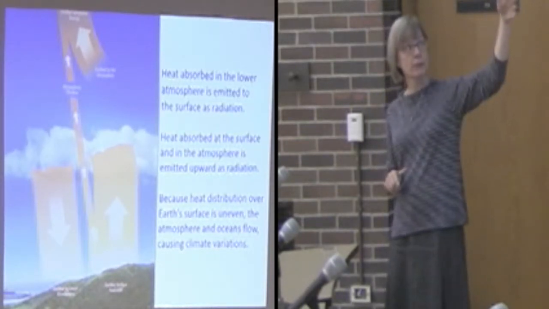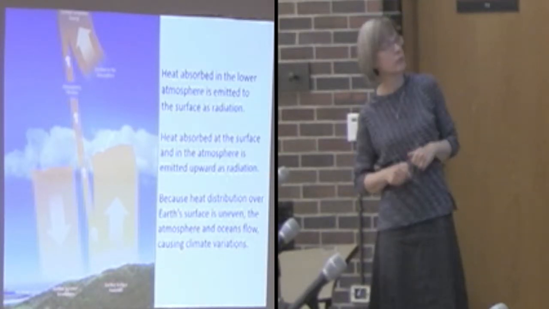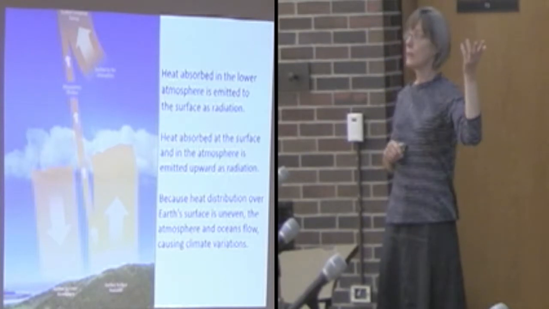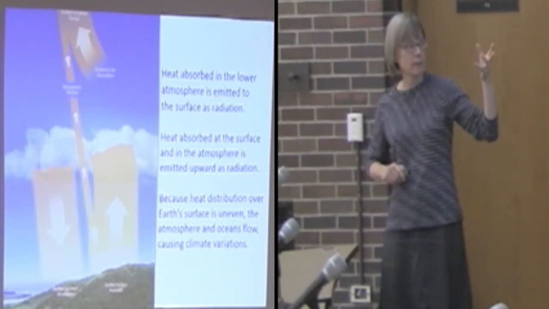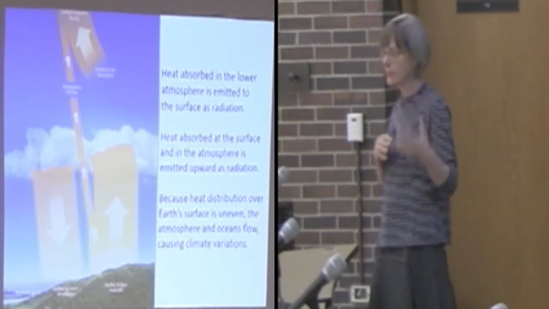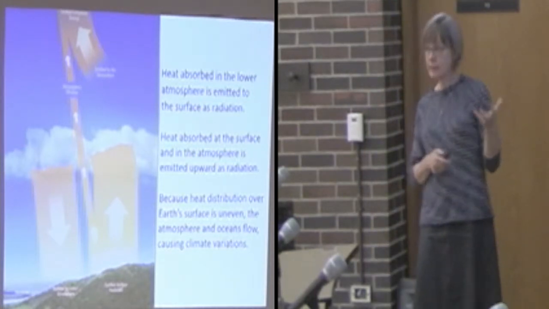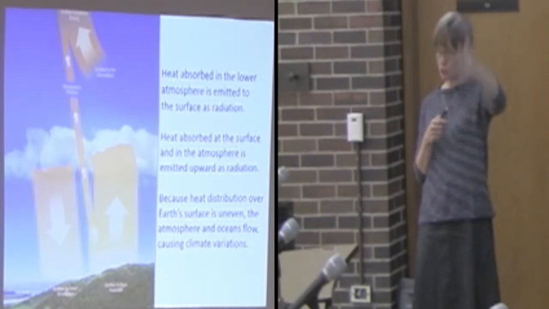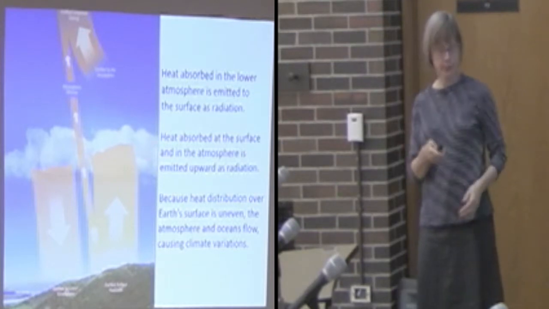Heat that's absorbed in the lower atmosphere is emitted downward to the surface as radiation, okay, here. Heat absorbed at the surface is emitted upward. And this constant transfer, this motion of heat up and down, is uneven over the surface of the Earth, and it's what causes the atmosphere to circulate and is related to what causes the oceans to circulate.